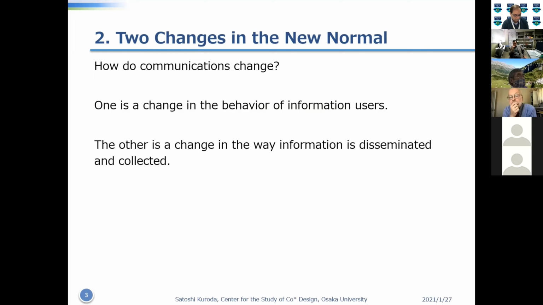The other is a change in the way information is disseminated and collected. The use of internet media has been a topic for some time, but information gathering and communications using social media are becoming a routine issue in the new normal.